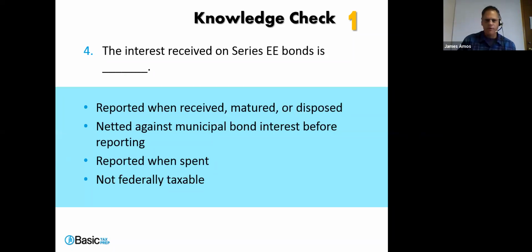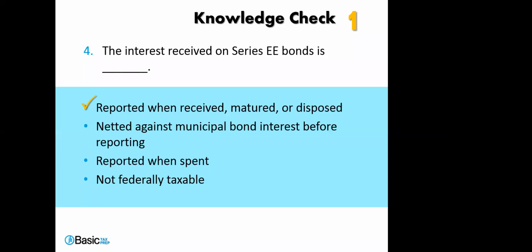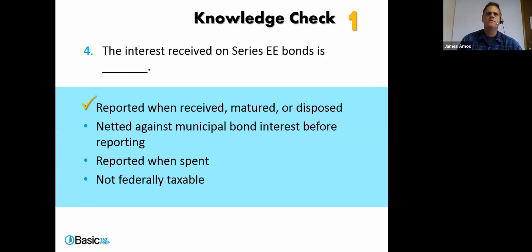Okay, I think I got everyone's. And the answer is A. Y'all got that answer. Perfect. When it's either received or matured or disposed of, remember there were some options there that we didn't go into. We did not go into detail on it because this is about as much detail as you need for our purposes right now.